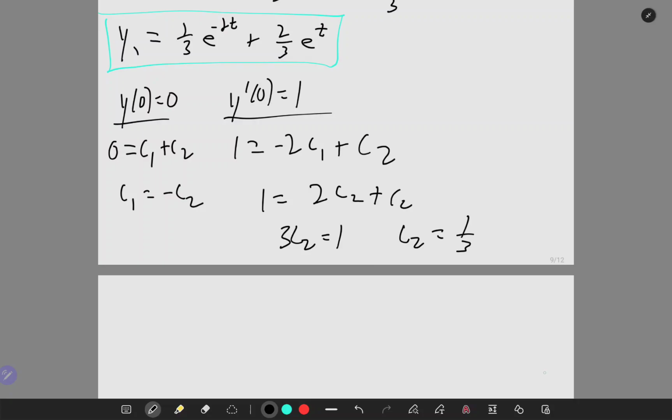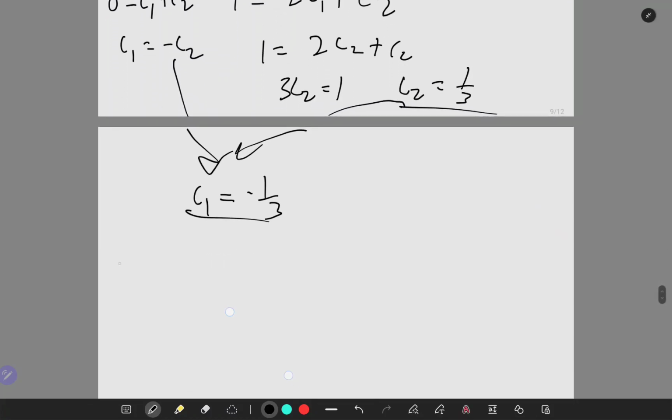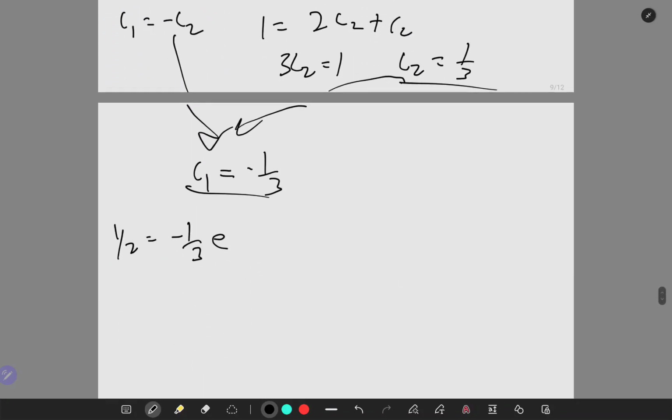If c2 is equal to 1/3, we know c1 is equal to negative c2. So then c1 is negative 1/3. And then we just write out our next thing. So that's y2 is equal to negative 1/3 e to the negative 2t plus 1/3 e to the t, right? And this is our second general solution.